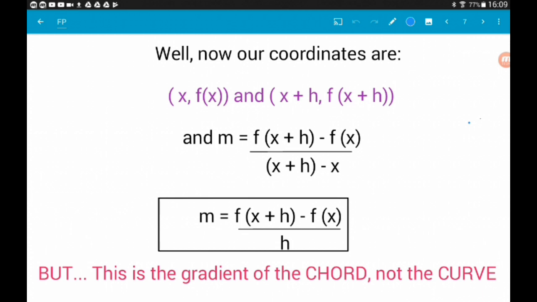So we can simplify that a bit. On the bottom, x plus h minus x leaves us with h. So the gradient of these chords is f of x plus h minus f of x all over h.